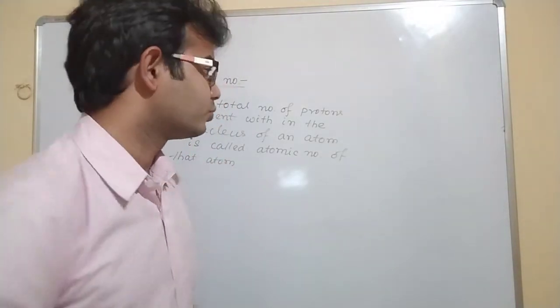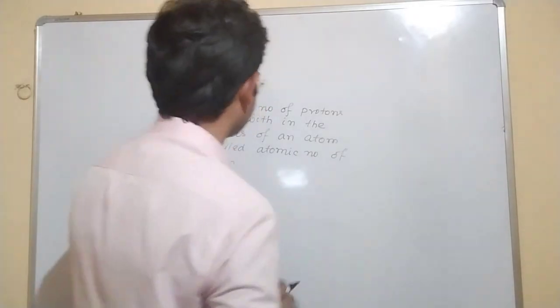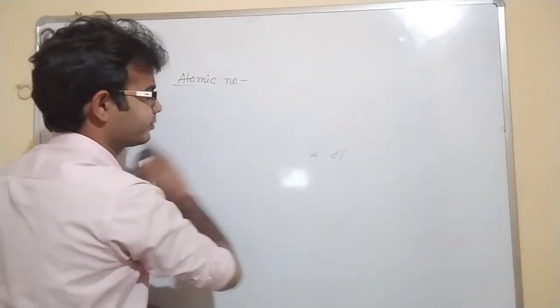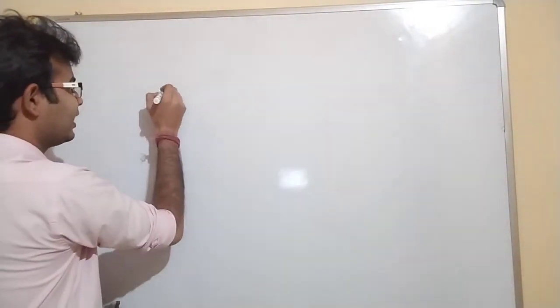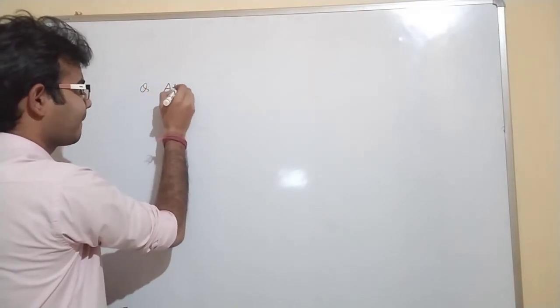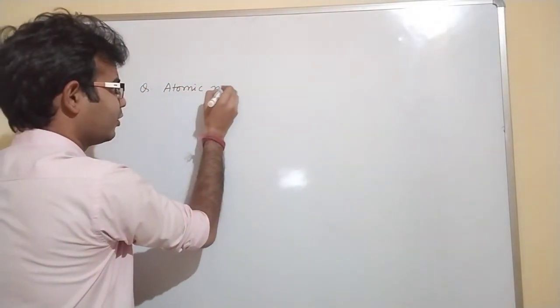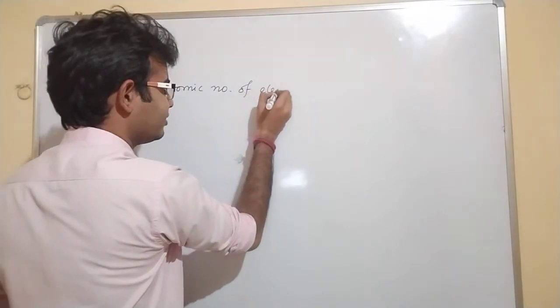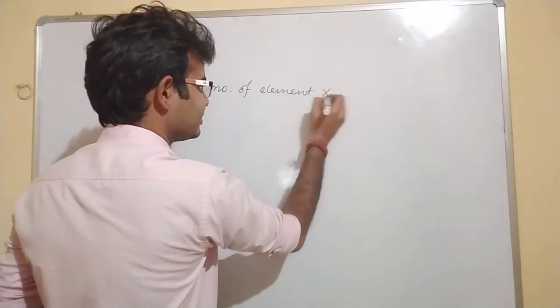तो मान लेते हैं कि एक एटम है, चलो मान लो ऐसा क्वेश्चन है, atomic number of element X is 12.